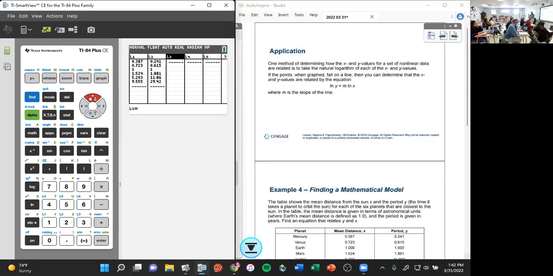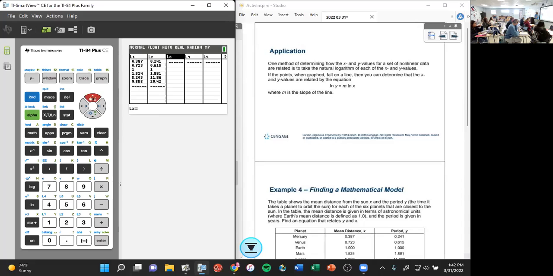I'm currently on the header for column L3. I want the values in column L3 to be the natural log of my X's. My X's are in L1. Right in the bottom left of your calculator, it says L3.